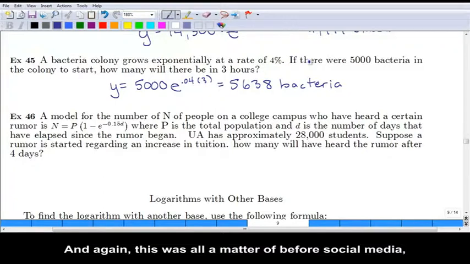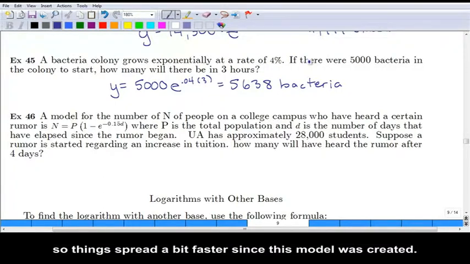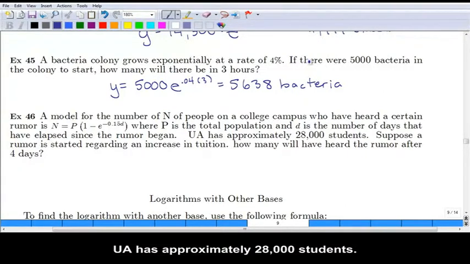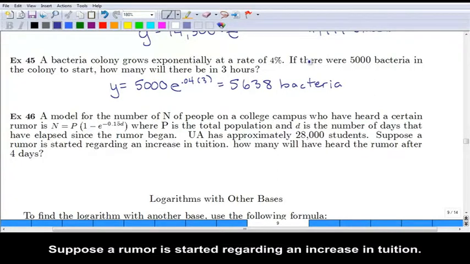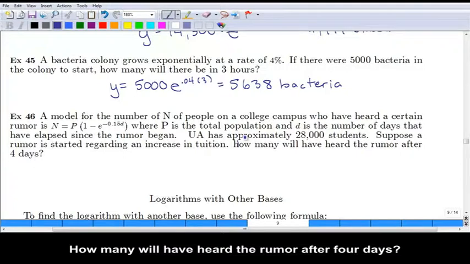Again, this was before social media, so things spread a bit faster since this model was created. UA has approximately 28,000 students. Suppose a rumor is started regarding an increase in tuition. How many will have heard the rumor after 4 days?